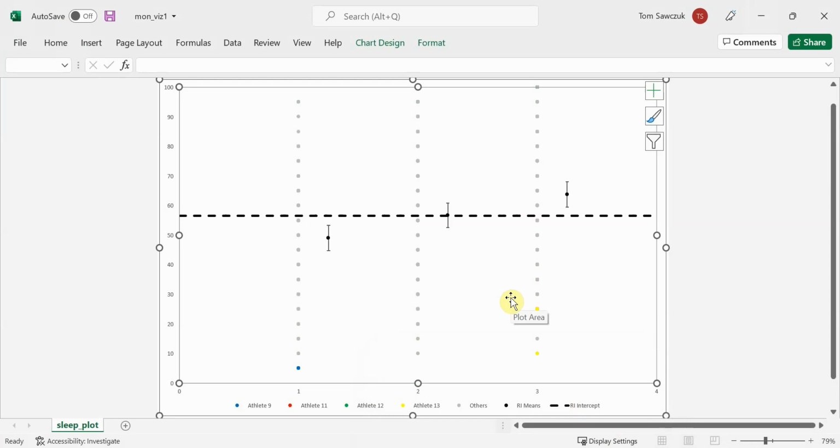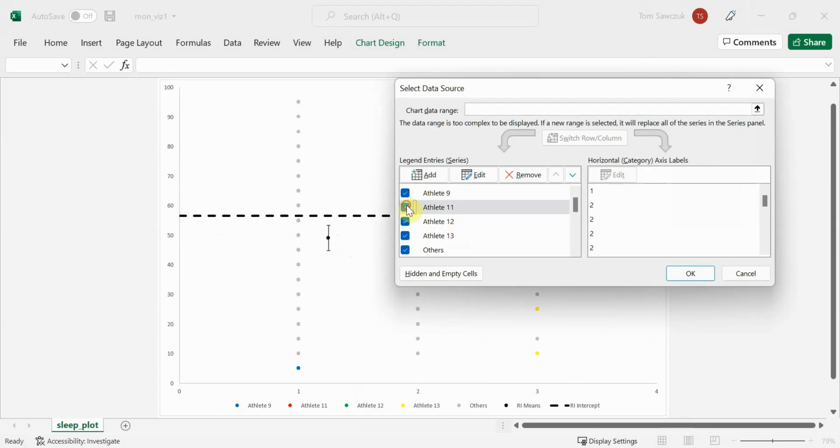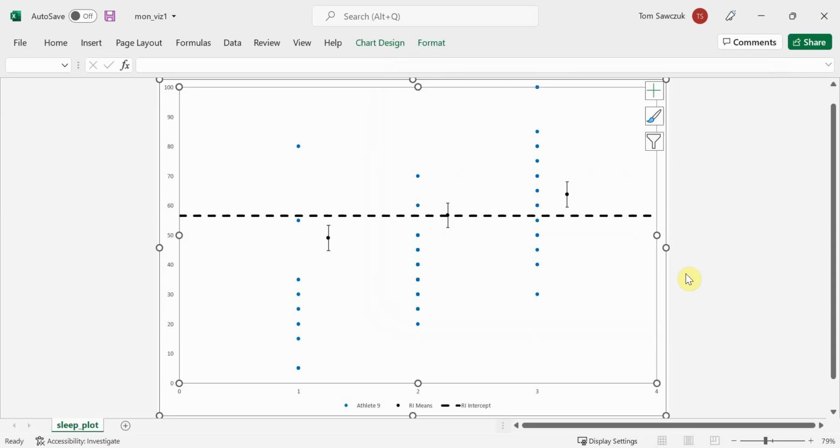And as you can see here, this is the first model we did. You can see the intercept is flat, and then we have these means that are estimated as differences from the intercept. Now, if we use athlete 9 as our guinea pig for this, you can see that the means themselves don't really fit that well for athlete 9.